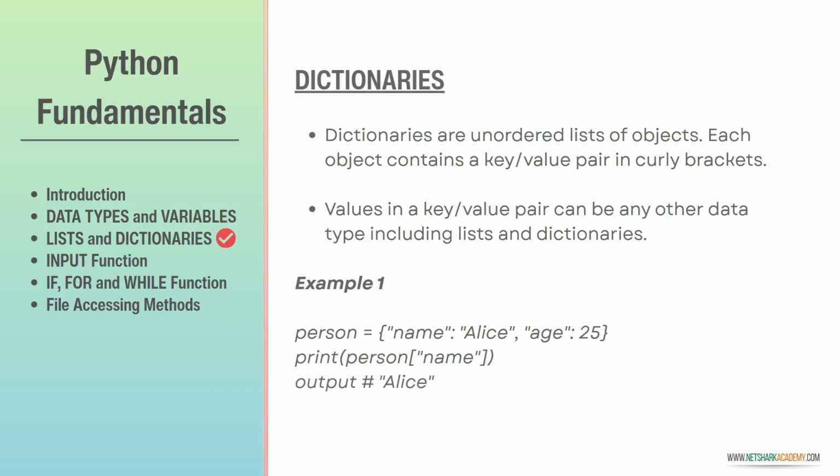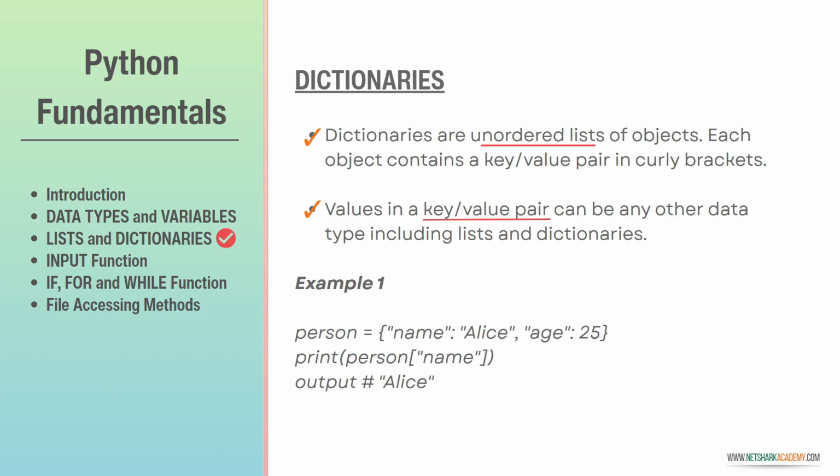Dictionaries. A dictionary is like a special kind of list, but instead of being ordered, it is unordered. Each item in a dictionary is stored as a key value pair. The key acts as a label or name, and the value is the data associated with that key.